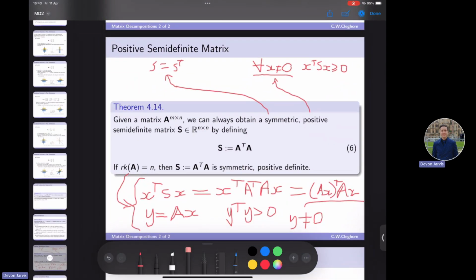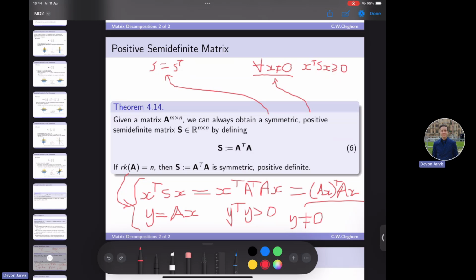All right, but importantly, positive semi-definite matrices. Given a matrix that is m by n, so not necessarily square, we can always obtain a symmetric positive semi-definite matrix S by multiplying it with its transpose. This is very similar to squaring a number. Once you square something, it's now positive, whether or not it started as a negative value. Same sort of intuition. If the rank of the original matrix is n, then the S matrix will be symmetric positive definite.